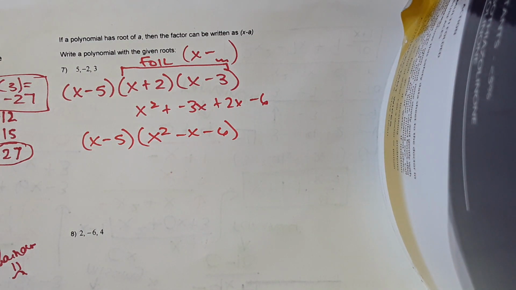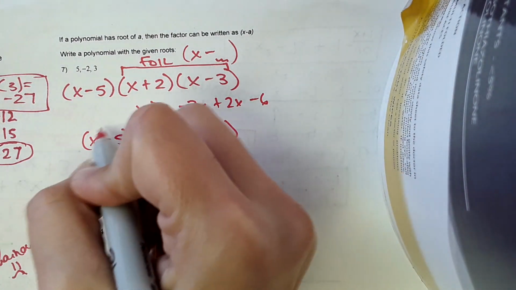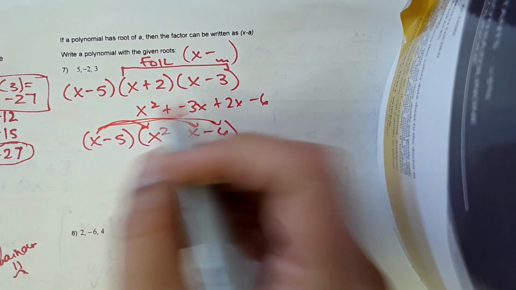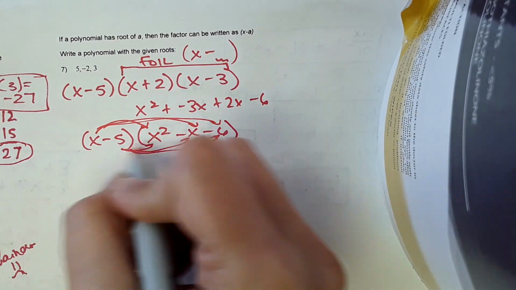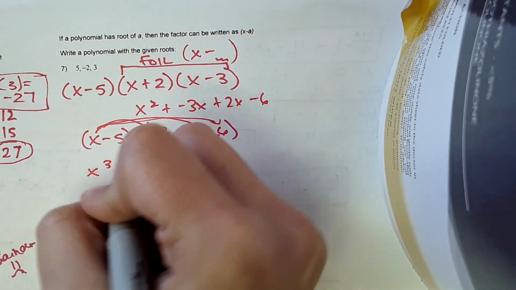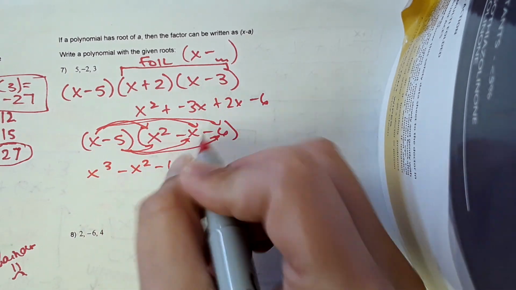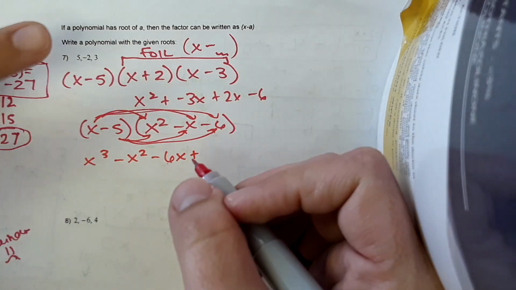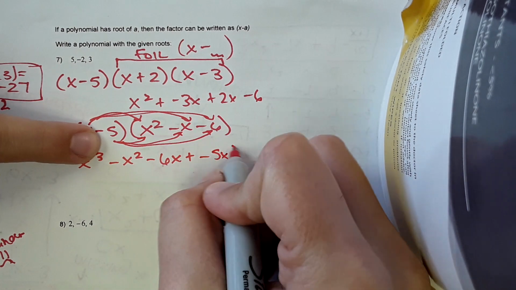And then the next step, we're going to continue. When you have a binomial and a trinomial, you take this first term, multiply it by all 3 here, and then we're going to take the second term and multiply it by all 3 here. So first one, x times x squared would be x cubed, minus x squared, minus 6x, plus negative 5 times x squared.